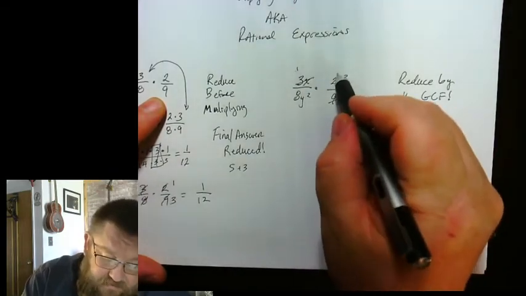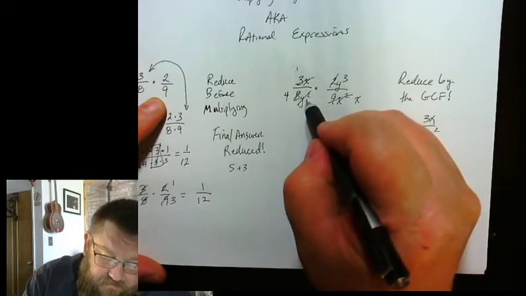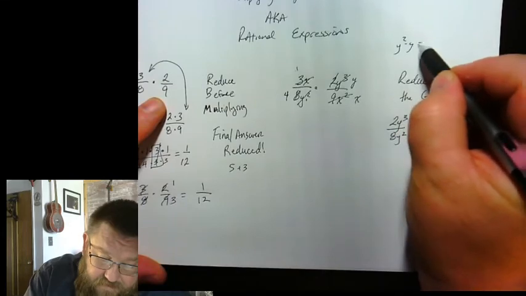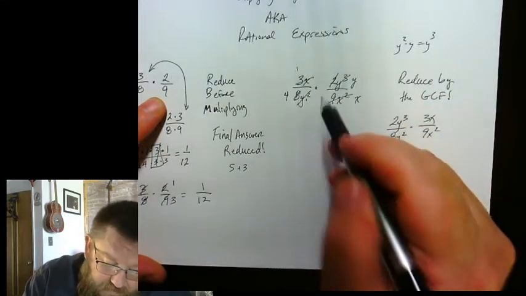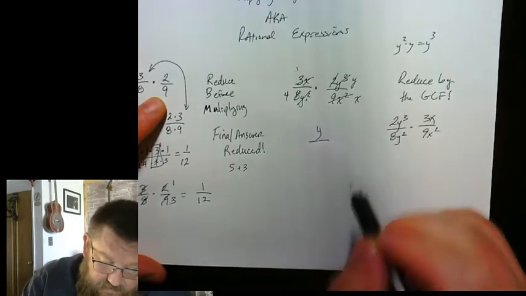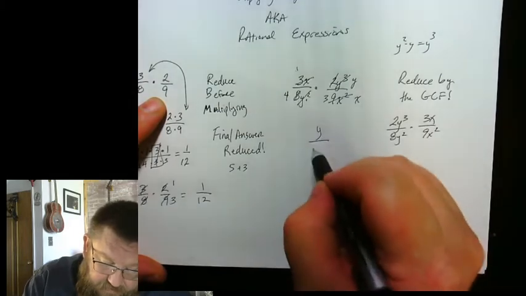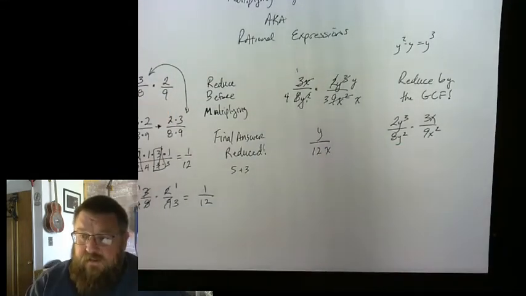And then 2 goes into 2 once, goes into 8 4 times. y squared goes into y squared 1 time, and it goes into there y times, because y squared times y is y cubed. So here's what we got left. We got 1 times y. Oh, I forgot to write my 3. And then we've got 4 times 3, which is 12x. That's it right there. We're done. That's how it works.